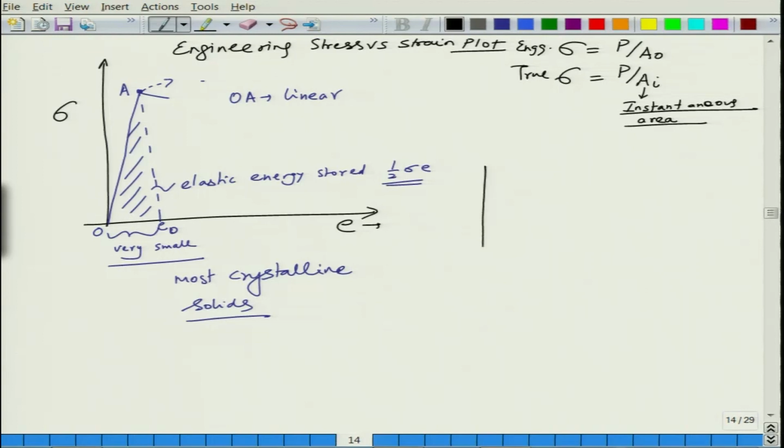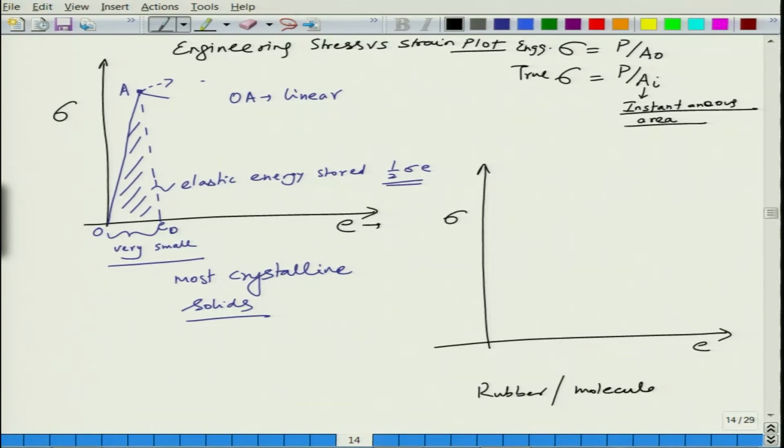On the other hand, if you look at materials which are rubbery in nature, so sigma versus E, let us say this is for rubber, or molecular solids, molecular chain containing materials like plastics, polymers, rubbers, etc. In these materials generally the behavior is slightly different.